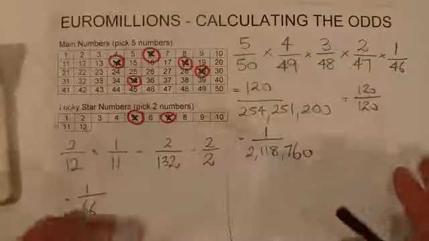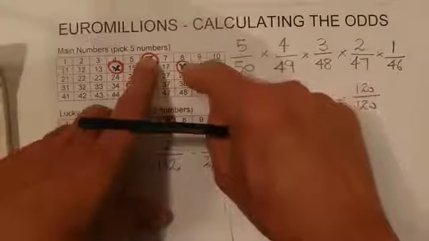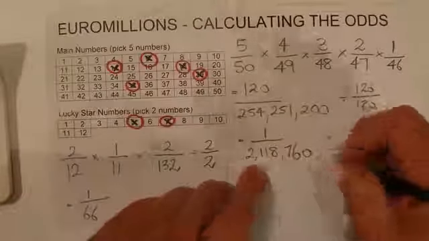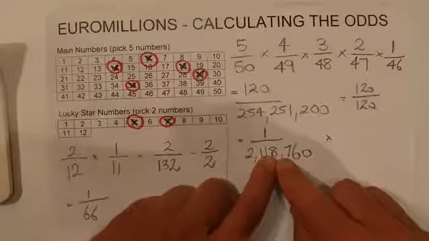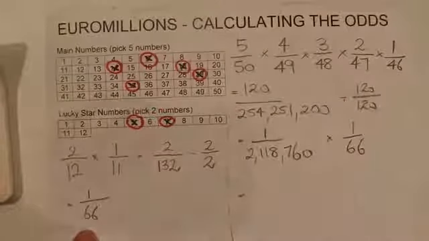So the last step is to get the 5 main numbers and the 2 lucky star numbers, which is 1 chance in 2,118,760 multiplied by 1 chance in 66.